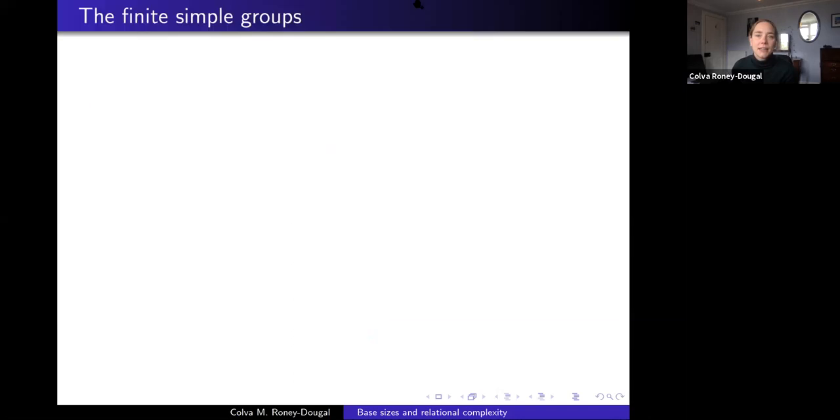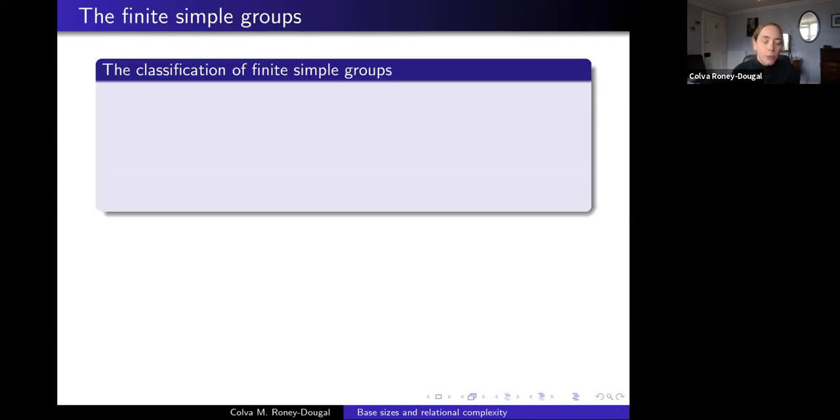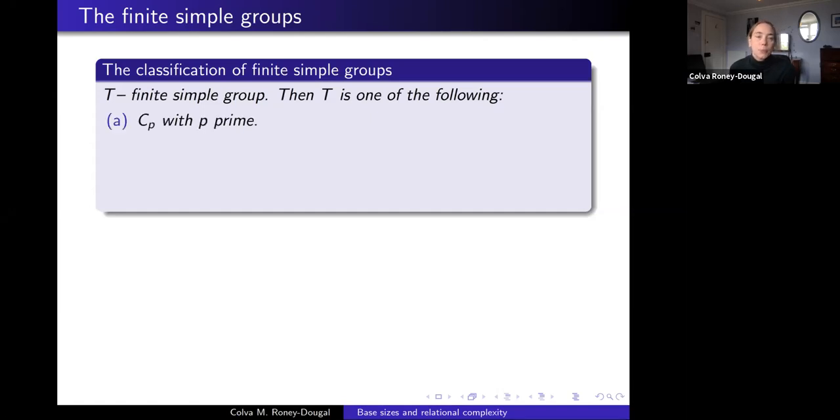So let me start by telling you about the classification of finite simple groups. So here's a nice clean statement of the classification. If we want to know what a finite simple group is, then let's call it T. Then it has to be one of the following families. So it could be cyclic of prime order. So think of the integers 0 up to p minus 1 under addition. It can be an alternating group on n points where n is at least 5 if we want the thing to be simple.